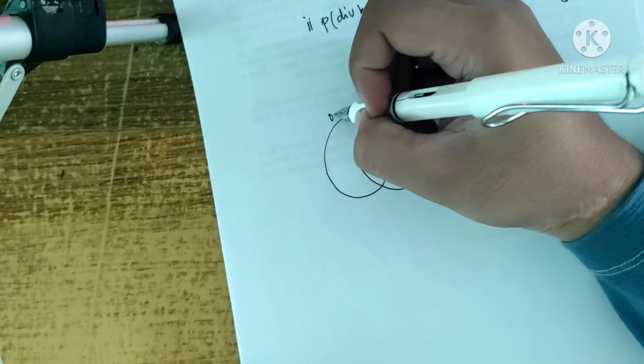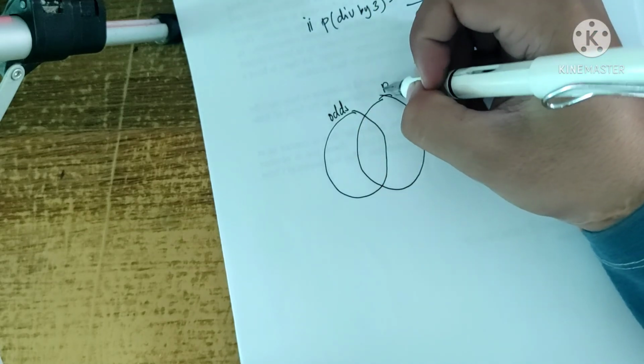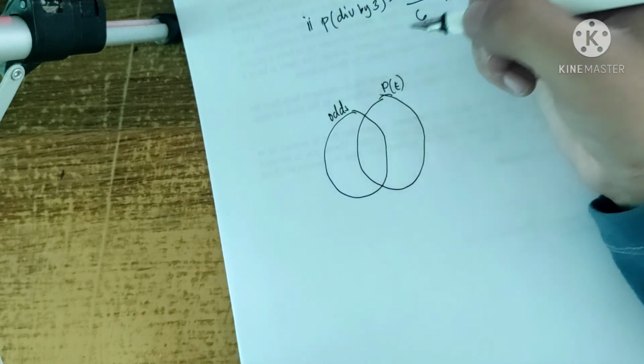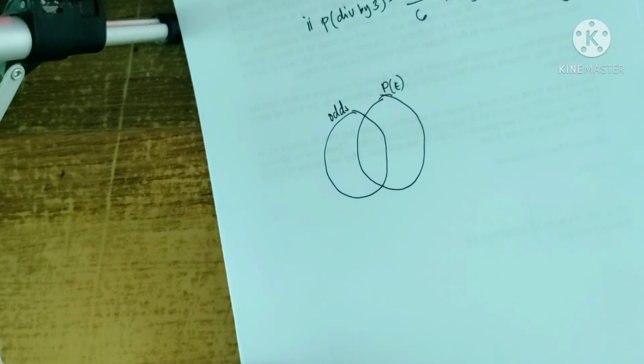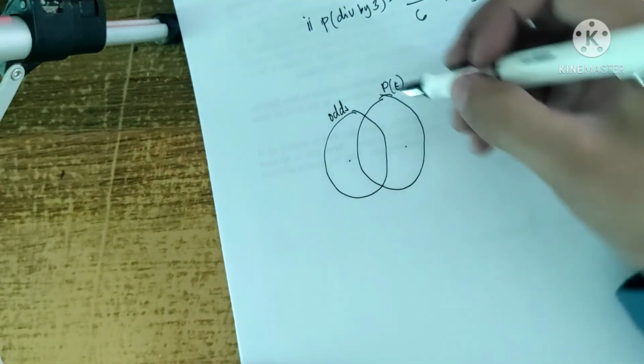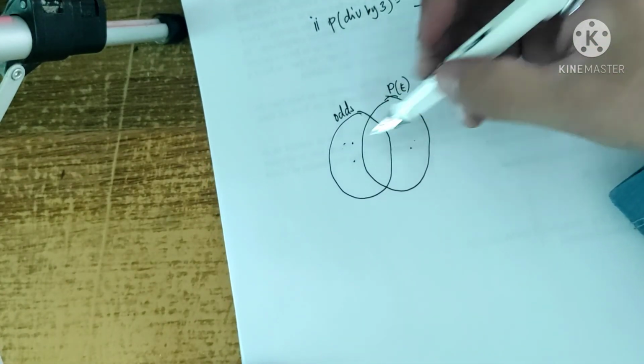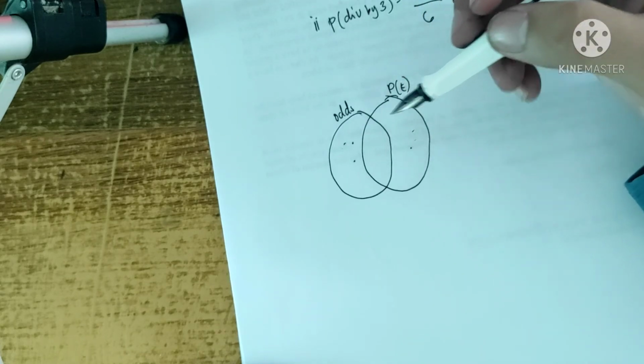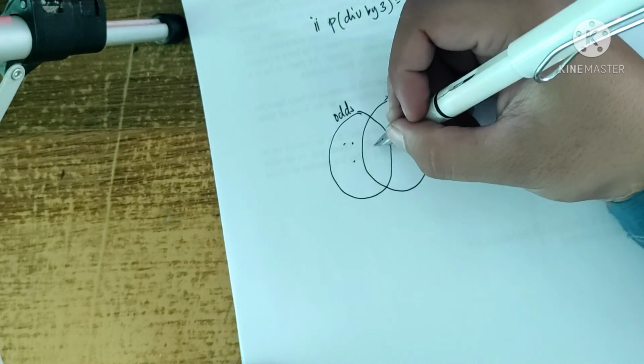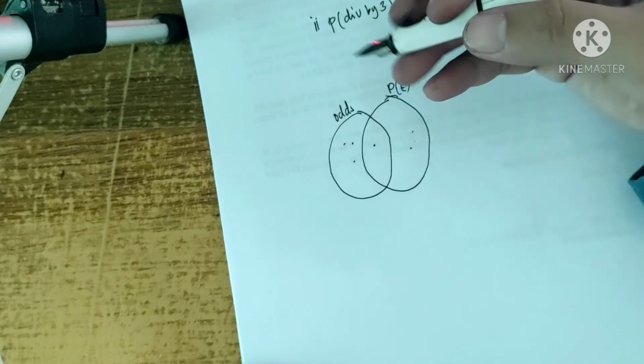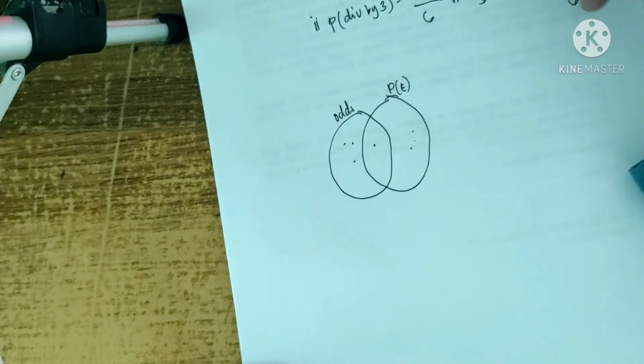So, ilagay natin dito is odds and this is the probability or P of E. Okay? So, ilagay natin dito sa kabila sa separate sides is the difference between them. And then here is the commonality between odds and probability.